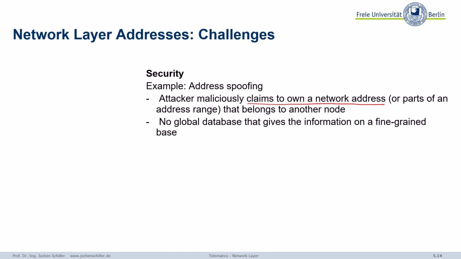So someone can simply claim, I know the perfect short path to a certain destination, and then all the packets will go this perfect short path. The problem is that due to scalability reasons, we do not have a global secured database. It's a fully distributed system. There is no single database telling us this is the state of the internet and this is where all the packets go. That's impossible.